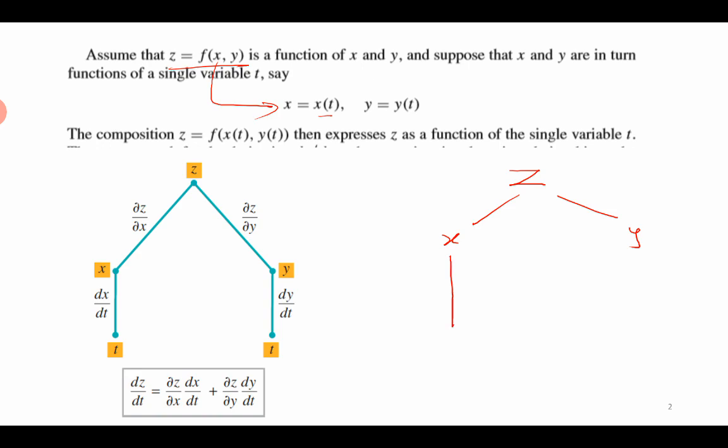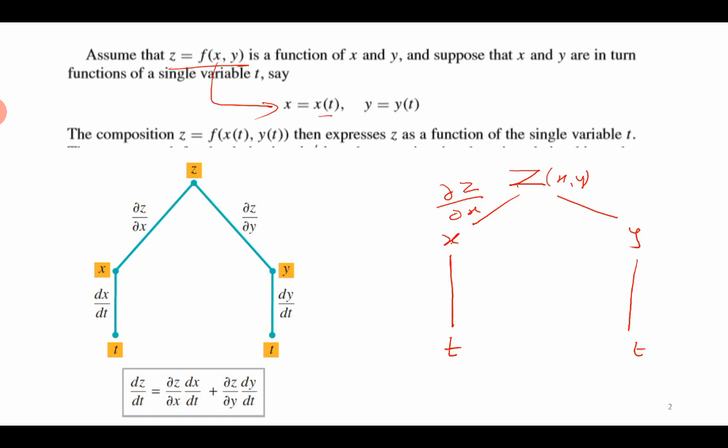And we know x is a function of a variable t, y is another function of a variable t. So when you differentiate z with respect to x, it is the partial derivative dou z by dou x, because z involves two variables. There are two independent variables in z. We are differentiating with respect to x alone, so it is a partial derivative.